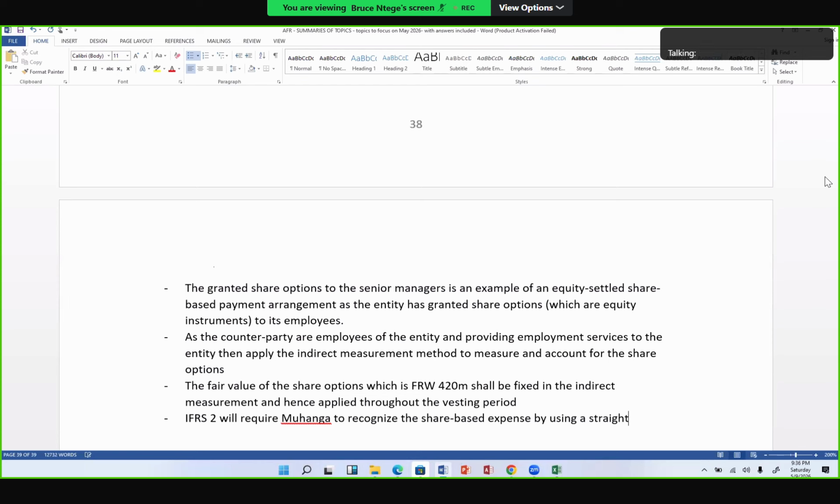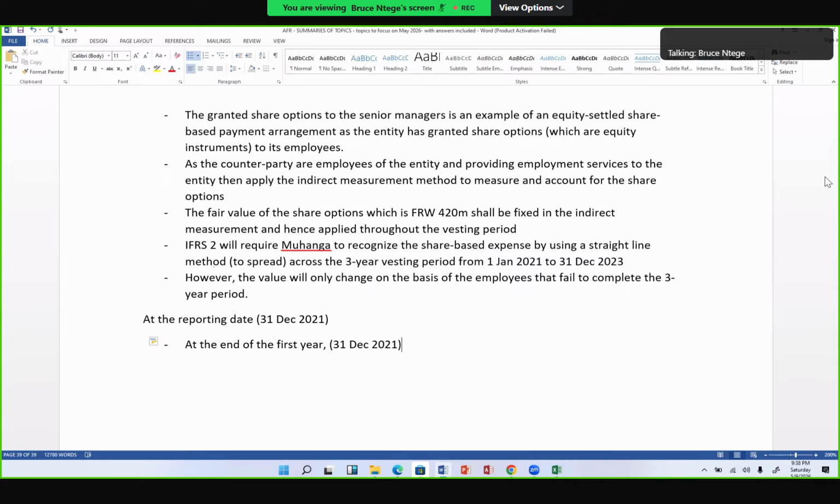So only those employees that fail to complete the 3-year period will be the ones to change that 20 million. Okay, so at the end of this year, so at the reporting date, which is the end of year 1, which is 31st December 21, we are going to compute the share-based payment expense.